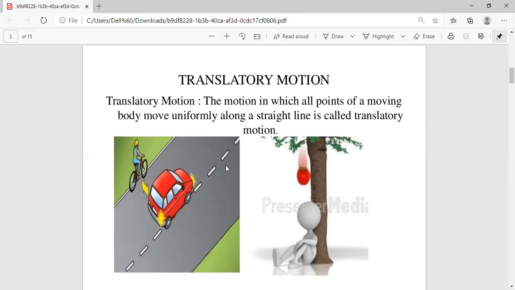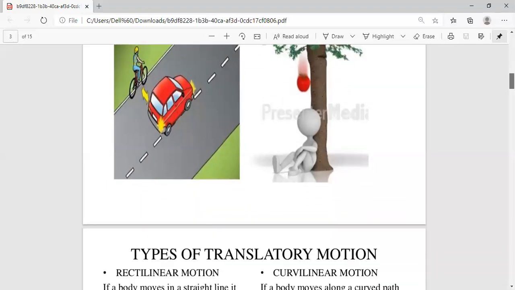In the figure, the car is moving on a straight road and the apple is falling directly on the earth. It means the straight line or straight motion is followed. So this type of motion is known as translatory motion, when the object moves uniformly along a straight line.